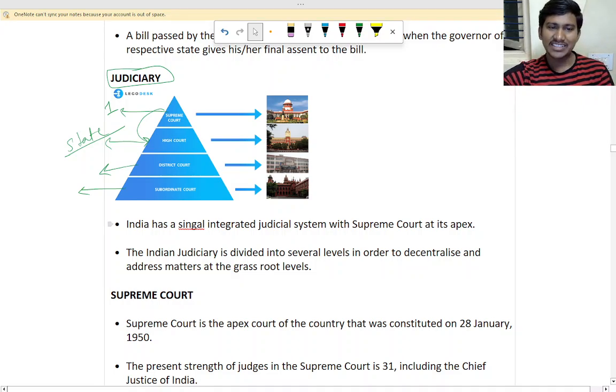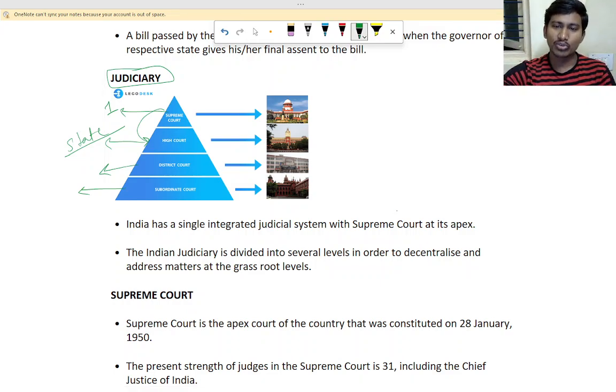So India has a single integrated judicial system with the Supreme Court as its apex. Apex means at the top.